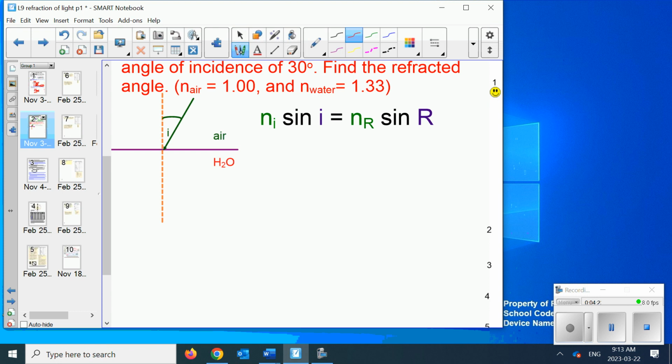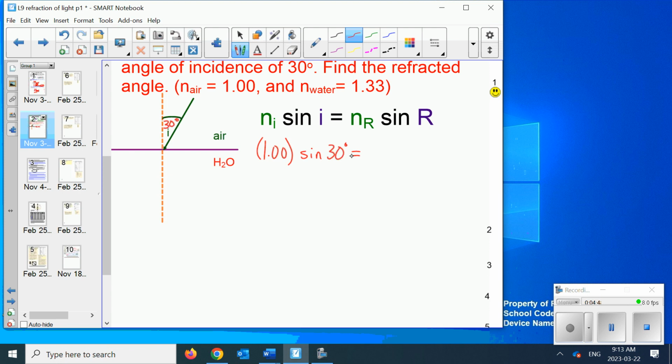The incident or the first material is air, so I'm going to use the N value for it. Mathematically, it doesn't make a difference, but I'm going to write it. It's 1 times the sine of I, the incident angle, which comes in at 30 degrees. We were told this is 30 degrees. So, sine button, 30 degrees.